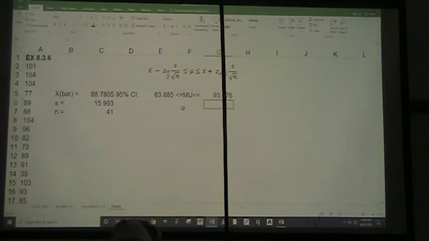All right, so our approximate 95% confidence interval is 83.885 less than or equal to mu, less than or equal to 93.676.